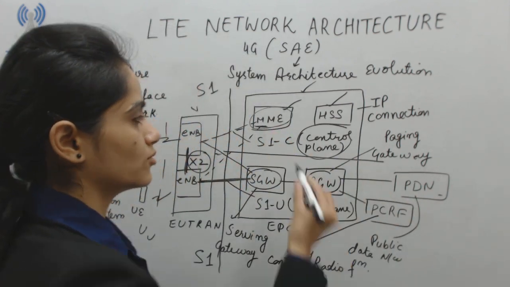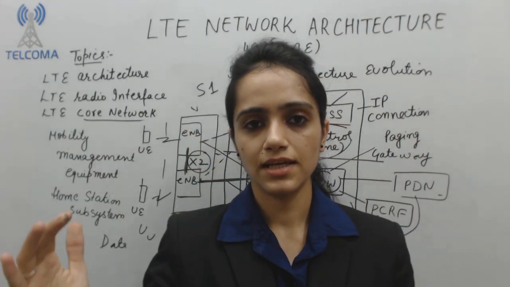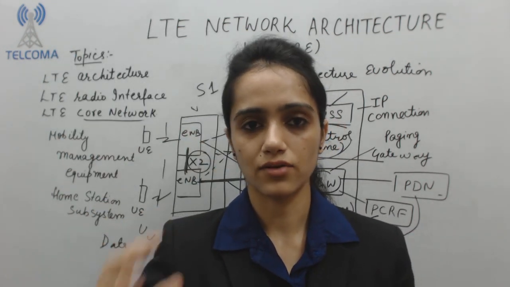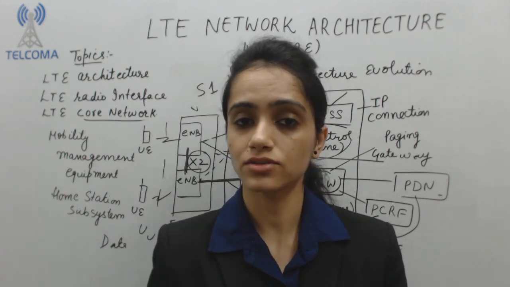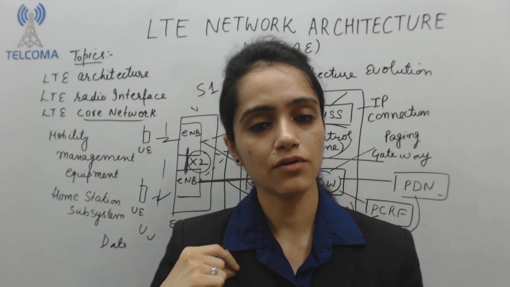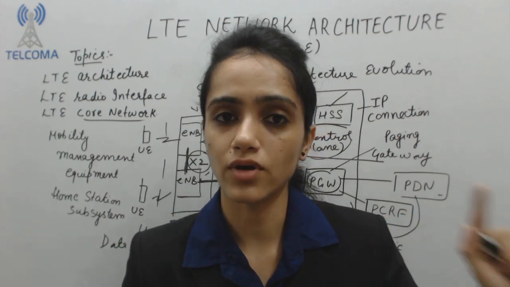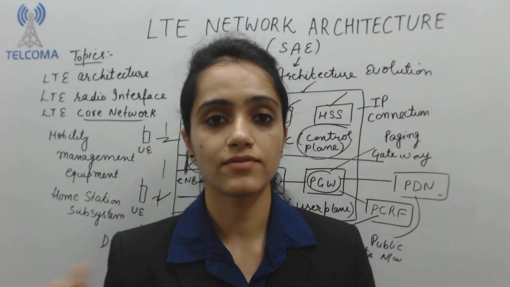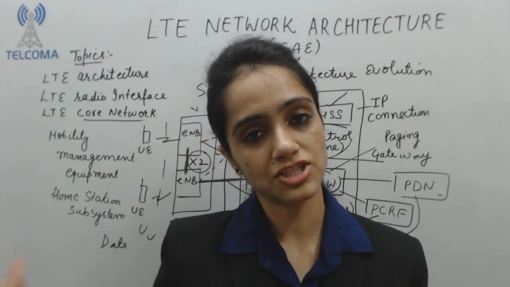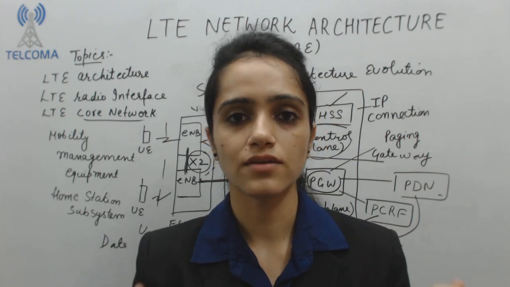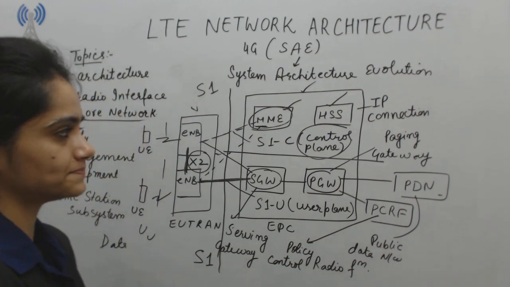For example, user equipment wants a handover, so user equipment needs to contact the eNode B. Now eNode B will give a handover, but after handover, eNode B needs to inform MME that I have given a handover, please update the location. So for location updating and changing location, we have the controller, mobility management equipment.